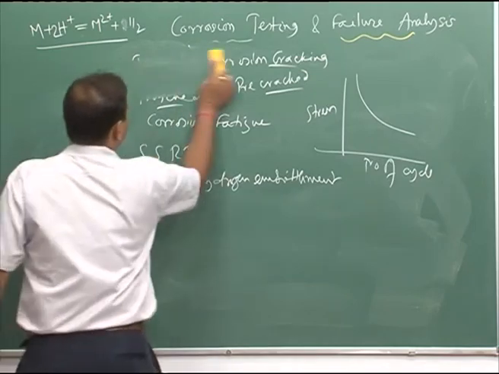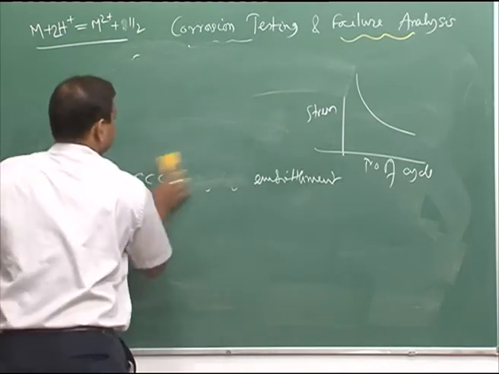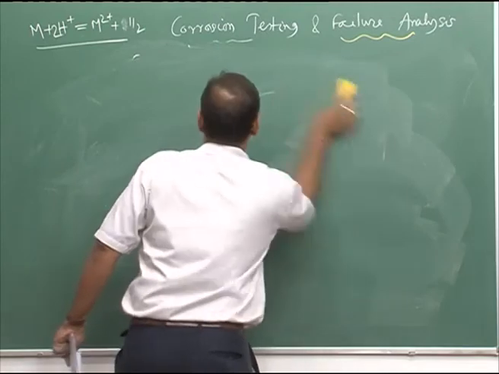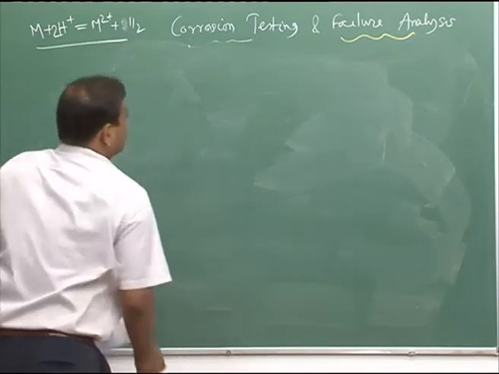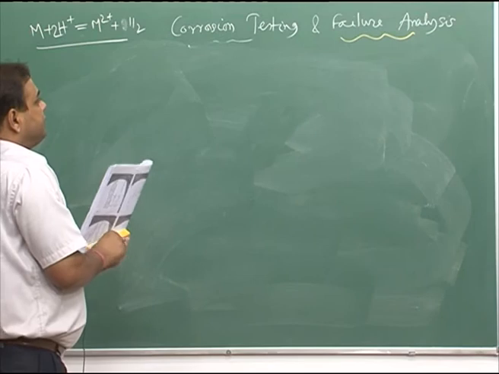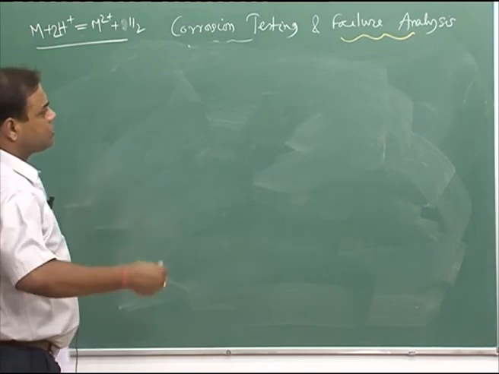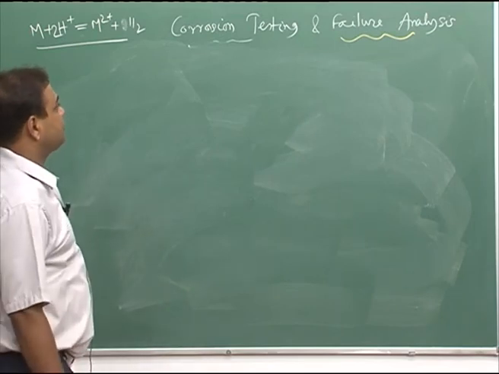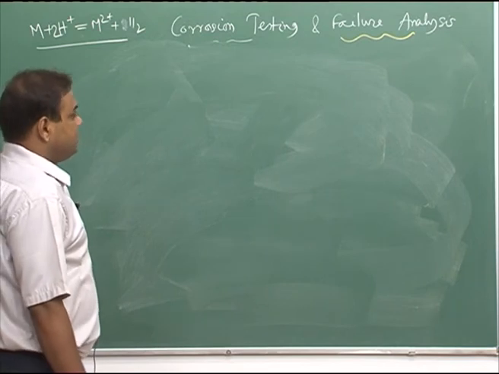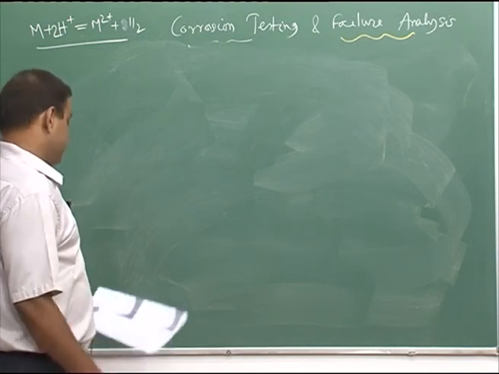Now, we discuss the failure analysis. Once we know all the test methods, then we can get into the failure analysis, where corrosion is one of the factors in the failure of engineering materials.